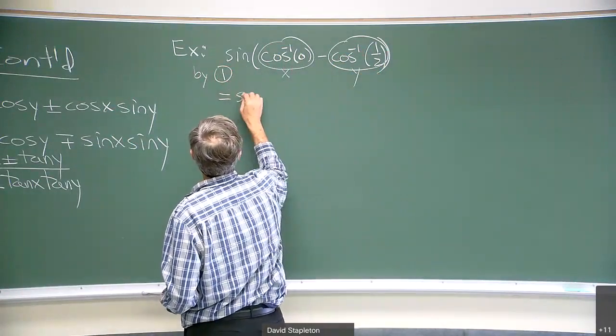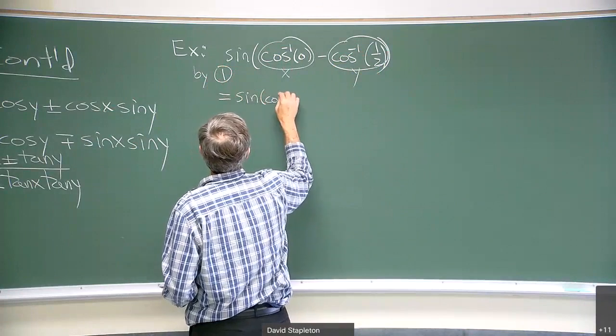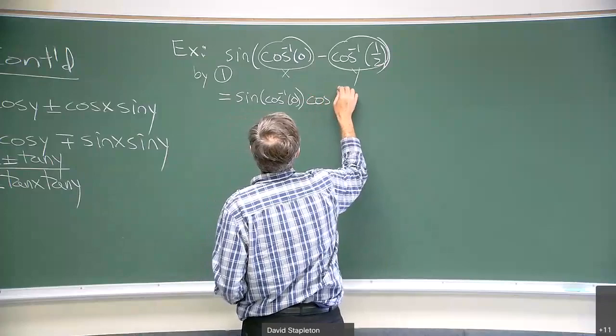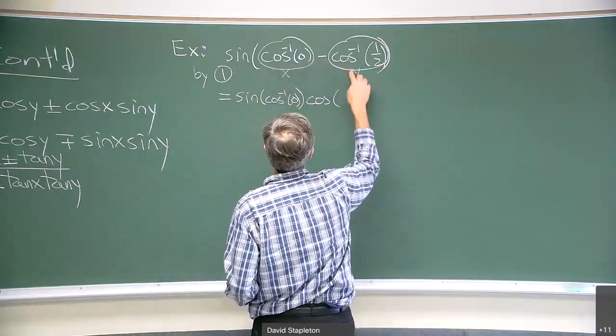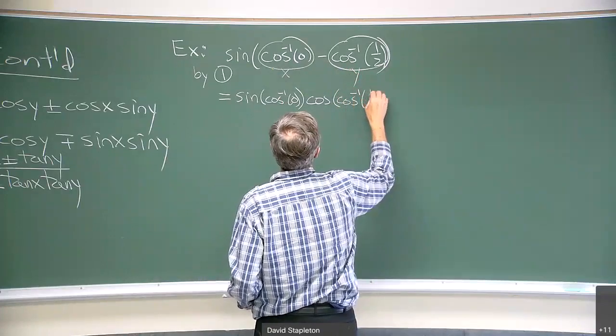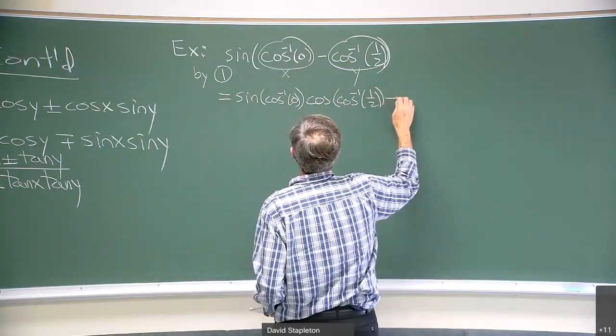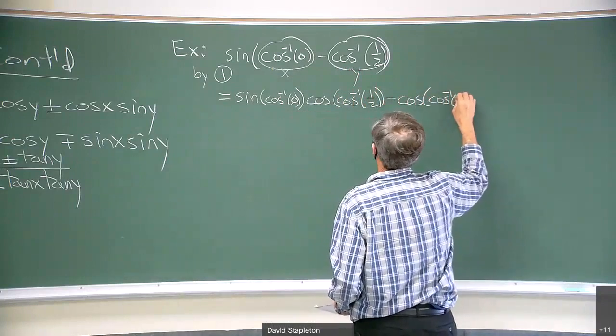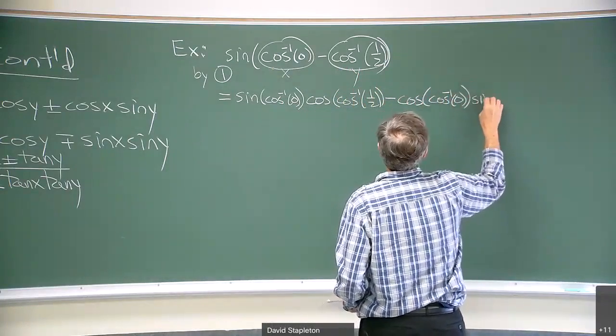I can write this as sine x cosine y: sine of arc cosine 0, cosine of arc cosine of a half, minus cosine of the first one, sine of the second one.